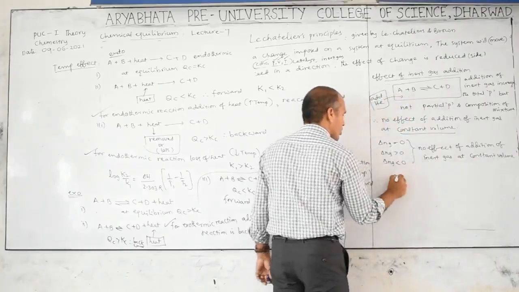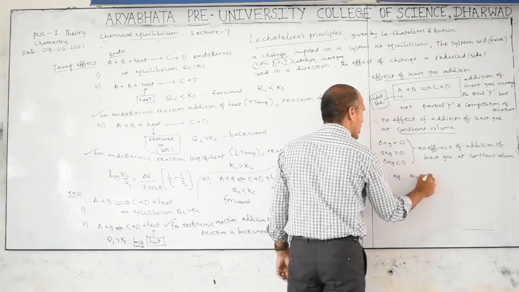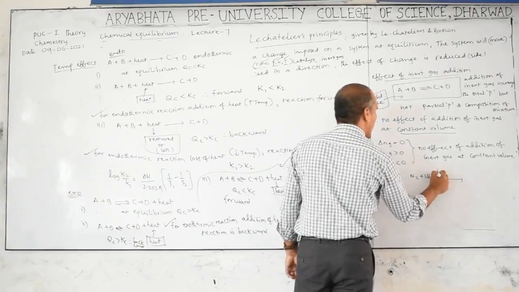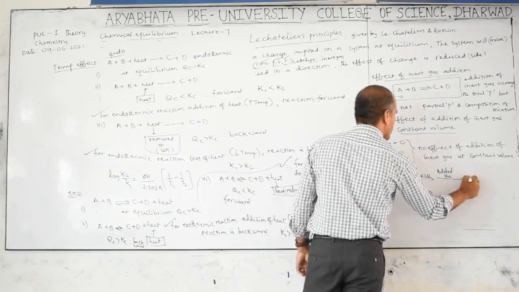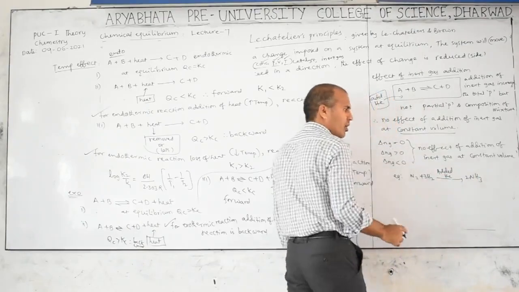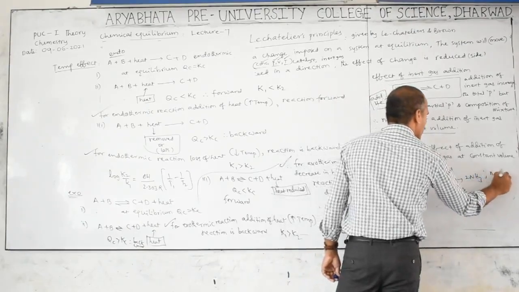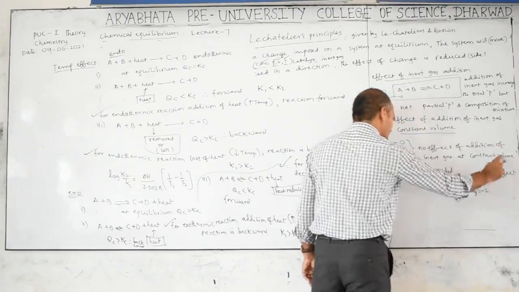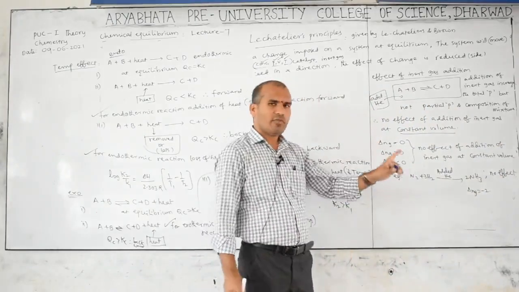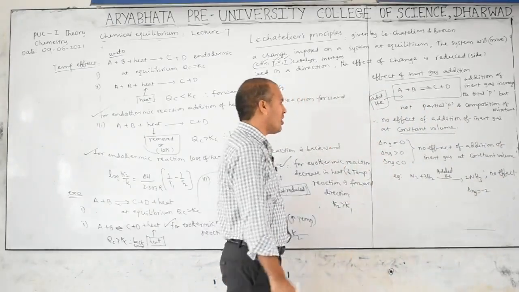Now one example, N2 plus 3H2, to this I added helium, and it gives 2NH3. Any effect? Answer: no effect, because for this reaction delta Ng is how much? Minus 2. So in any equation type, there is no change in effect.